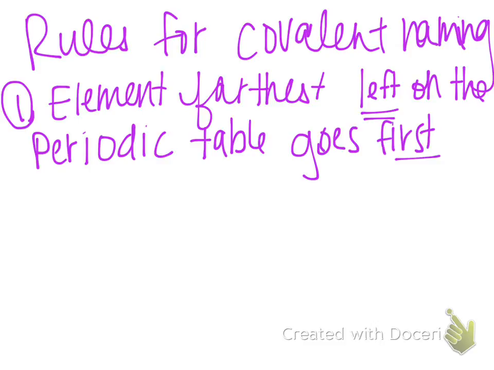So when we're naming covalent compounds, it's no longer between a metal and a nonmetal, it's between two nonmetals. So then we have to decide which one gets to be named first, and it's always the one that's farthest left on the periodic table. So whenever we name, we work left to right on the periodic table.